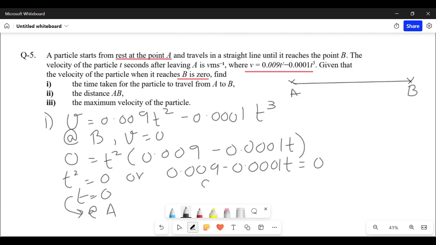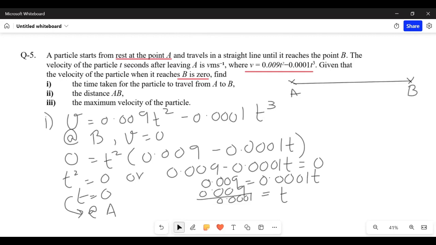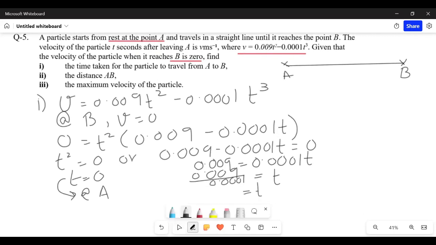And here we get the value of t: 0.009 equals 0.0001 t, and then divide 0.009 by 0.0001. So this gives t equals 90 seconds. So that's the time at B as the particle reaches B.